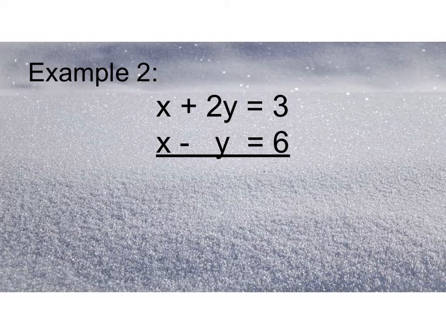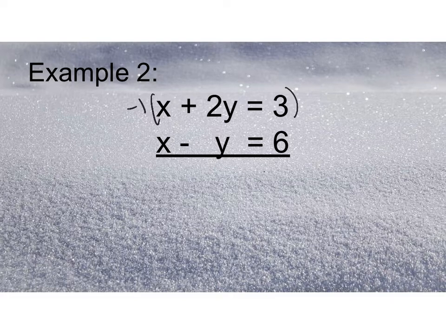Another option could be to multiply this top equation by -1. Then we could eliminate our x's. So you have two ways you could use the elimination method. You could multiply by a constant to change the coefficients. So let's choose the one I have on the screen.